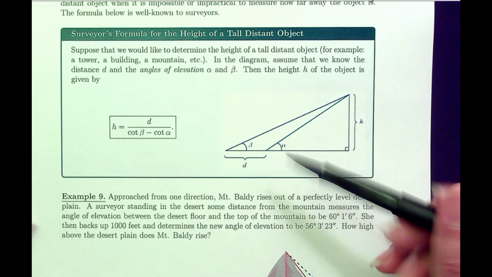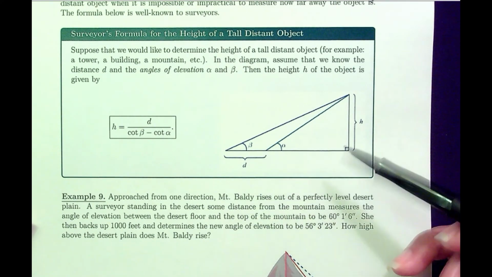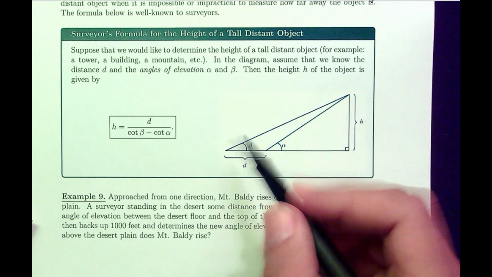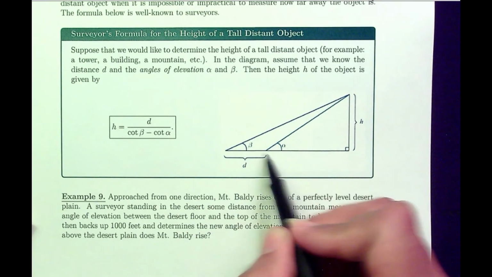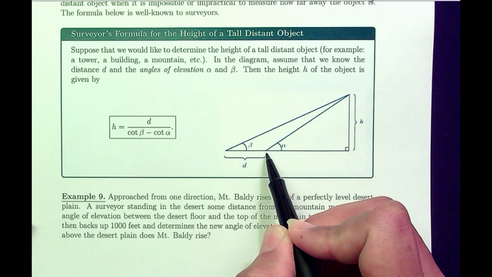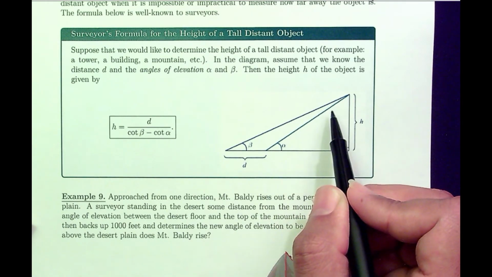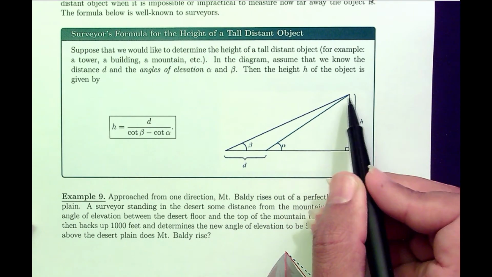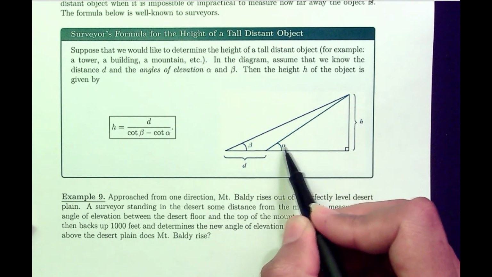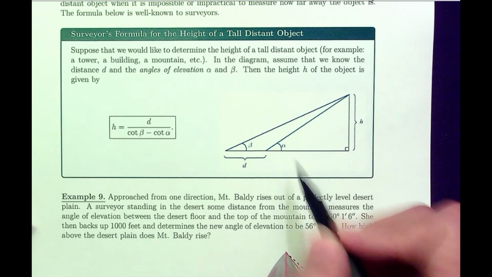So how does the surveyor figure out the height? Well, this is what they do. They stand in one spot and they measure the angle with a theodolite, okay, to the very top, to the very tippy top of the object. So they measure that angle and they take note of it, alpha.